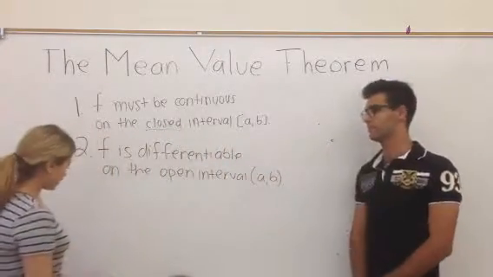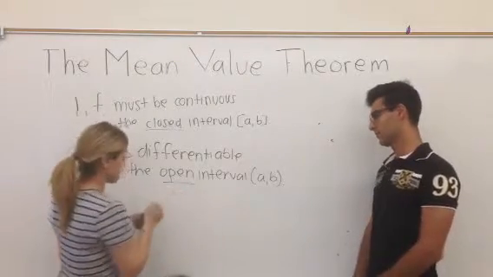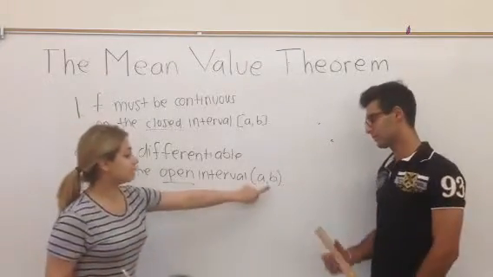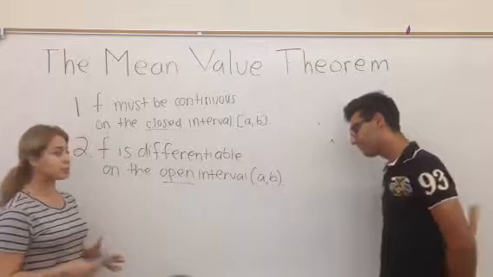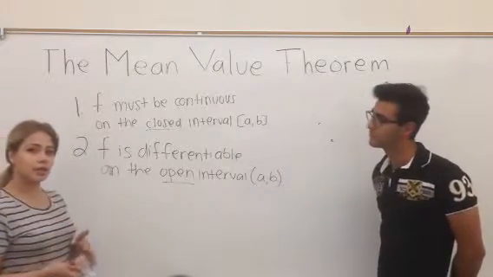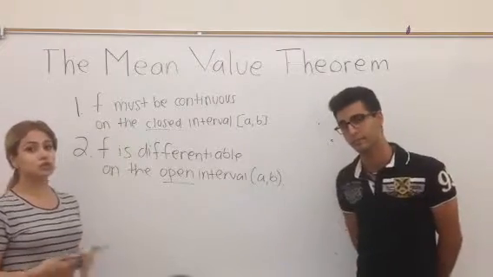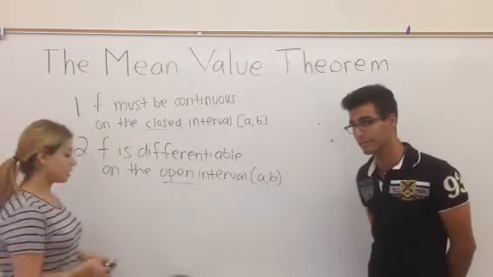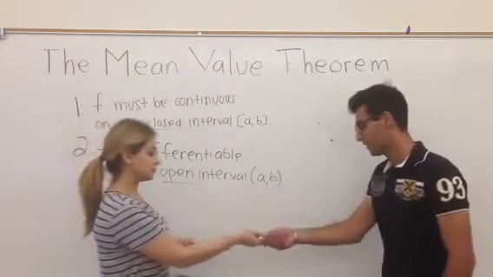So what the second condition says is that for any point in between a and b, not including a and b, you must be able to take the derivative. Once these two conditions are met, we can move on and explain what the mean value theorem actually is, and Ara will be able to do that for you.